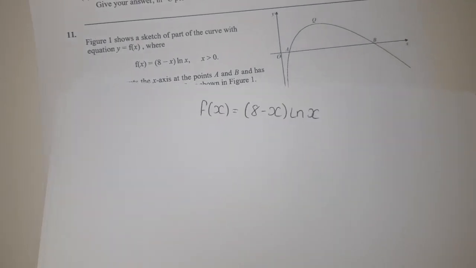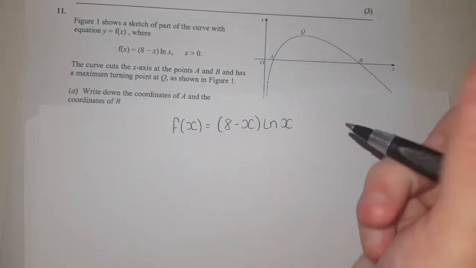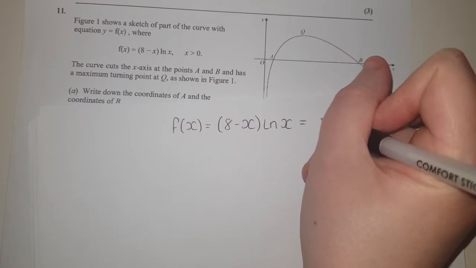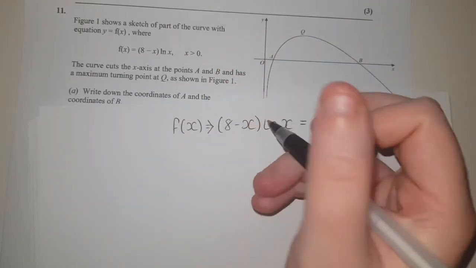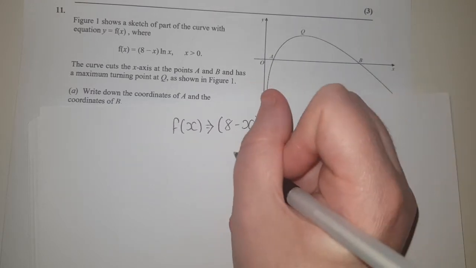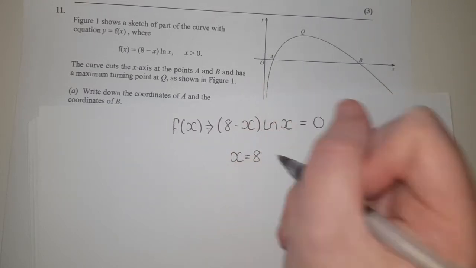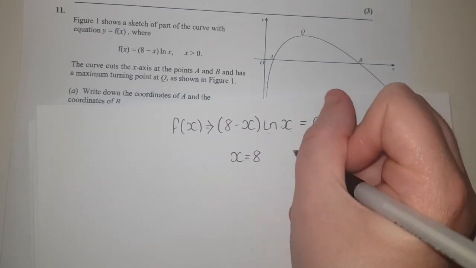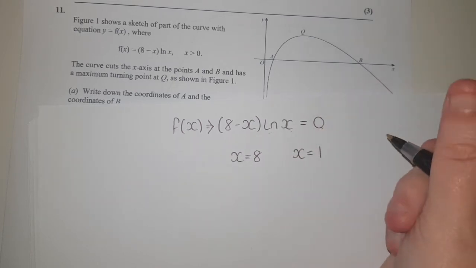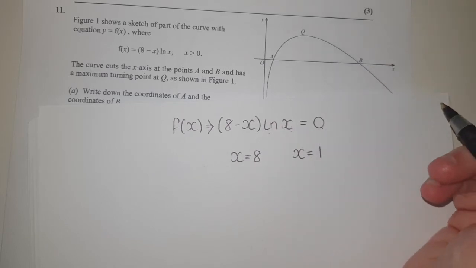So we know that if any curve is cutting the x-axis, then y equals 0. So we're essentially putting our equation equal to 0. That means either 8 minus x equals 0, in which case x is equal to 8, or ln x is equal to 0, in which case x has to equal 1, because ln 1 is 0.